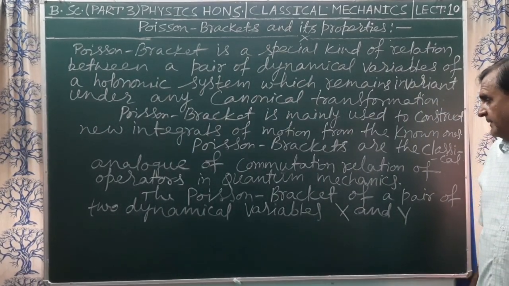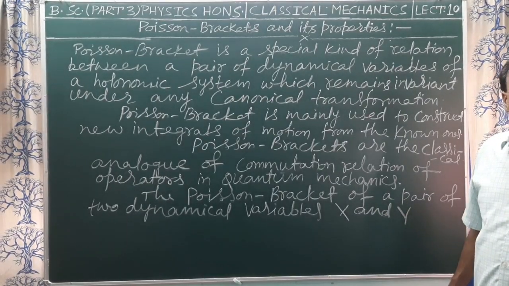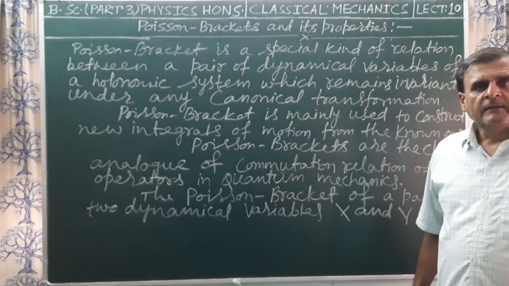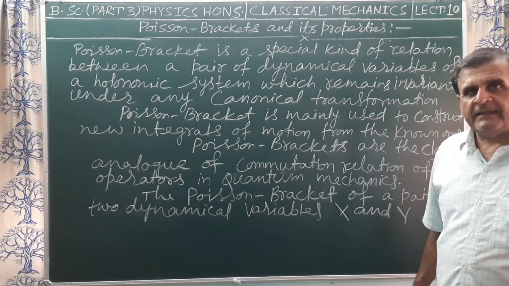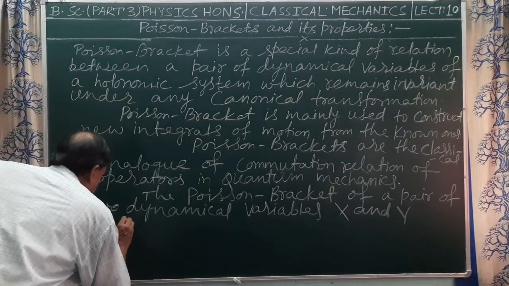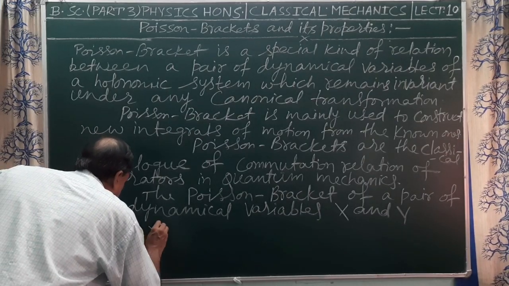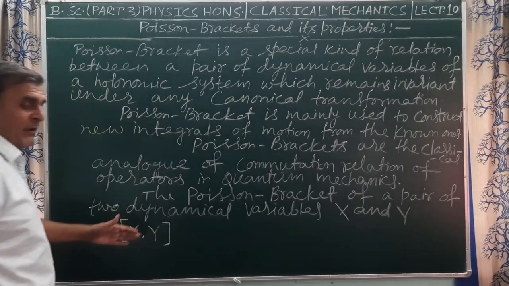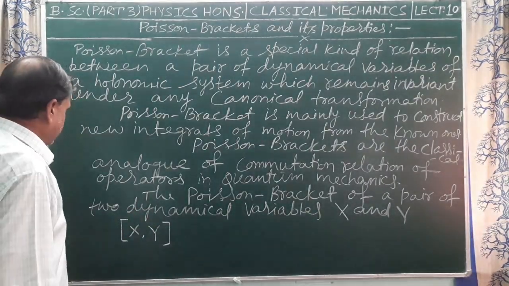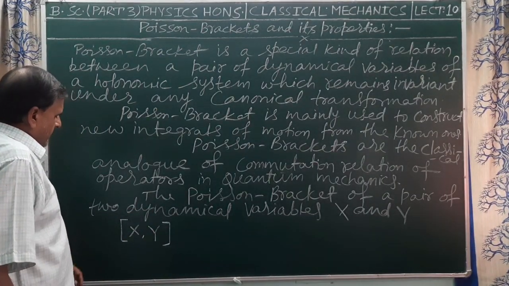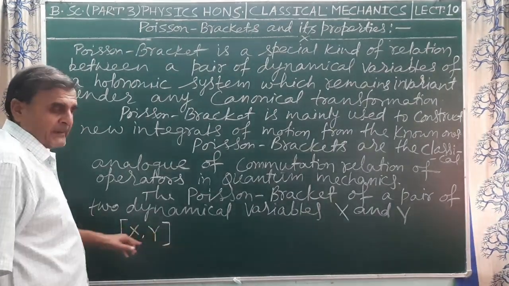So the Poisson bracket of a pair of two dynamical variables X and Y, related to position small q and momentum small p, can be expressed under the square bracket XY, which is the symbol of Poisson bracket, similar to commutator bracket in quantum mechanics.